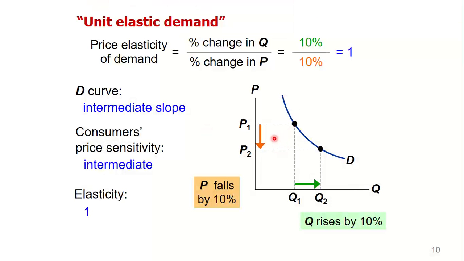Here you can see that if price falls by 10% from P1 to P2, then quantity rises by the same percentage, that is 10%, from Q1 to Q2. So there is the same change in price and quantity. So here the price elasticity of demand is equal to 1.